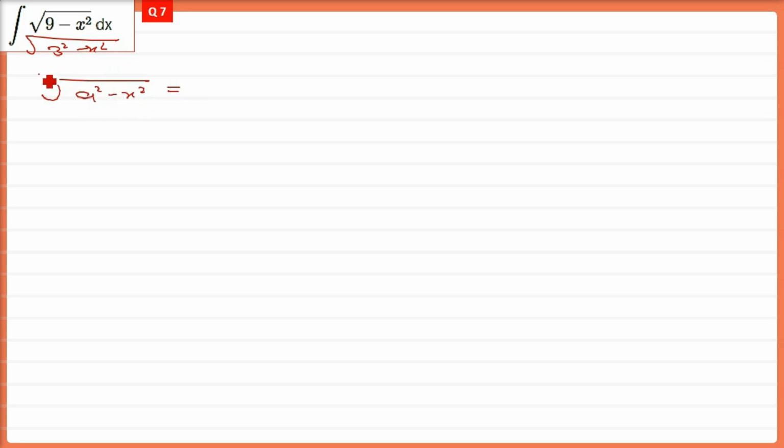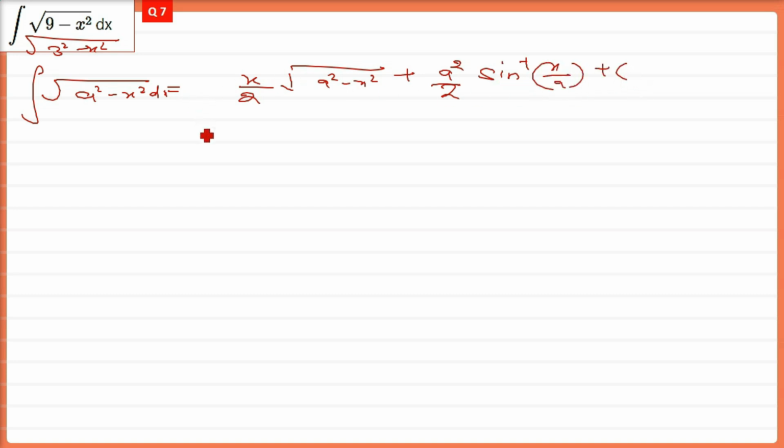So integration of under root a square minus x square dx will be equal to x by 2 under root of a square minus x square plus a square by 2 sine inverse x by a. We have no assumption, no substitution, directly x as x and a as 3 as given in the question.